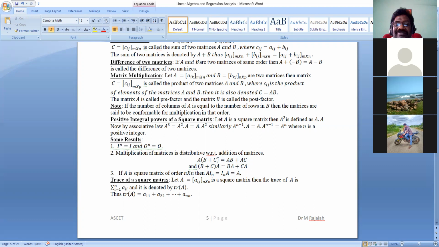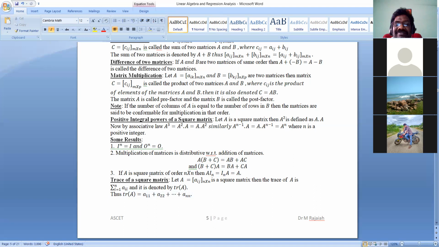And B plus C into A is also BA plus CA. These distributive laws exist only when these three matrices are square matrices of the same order.